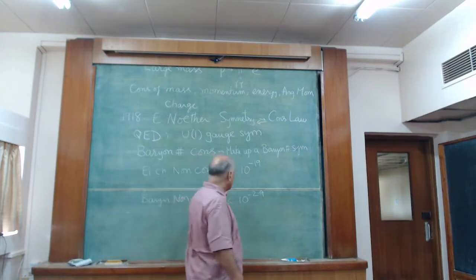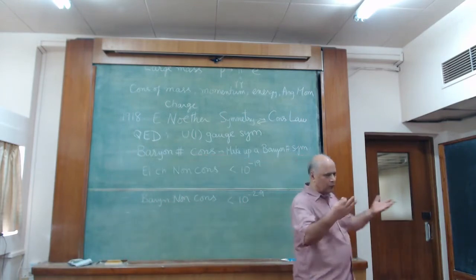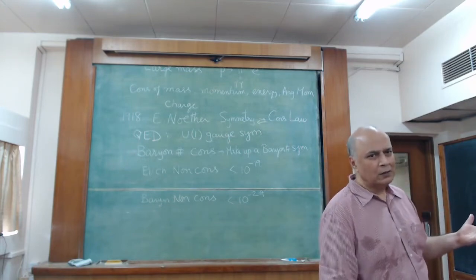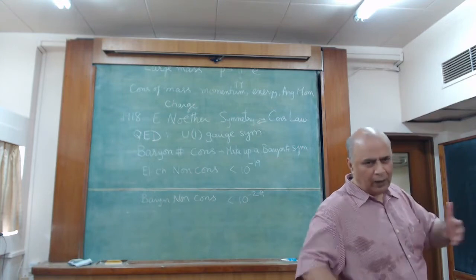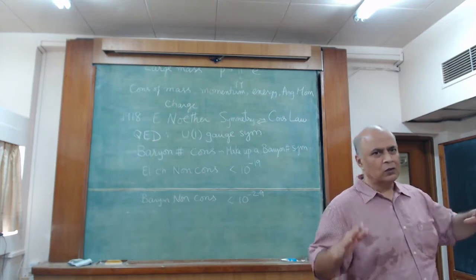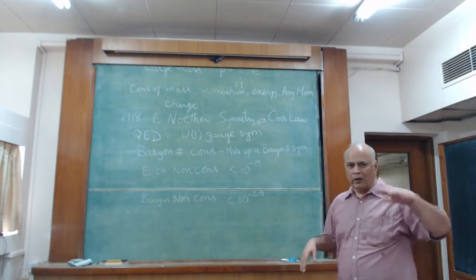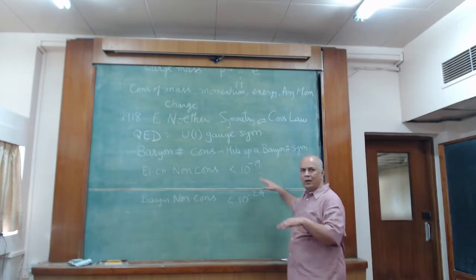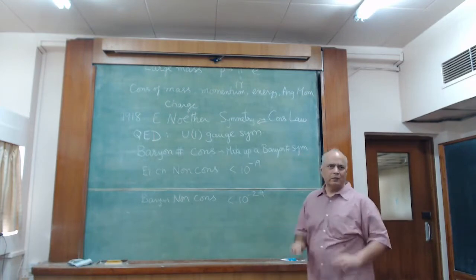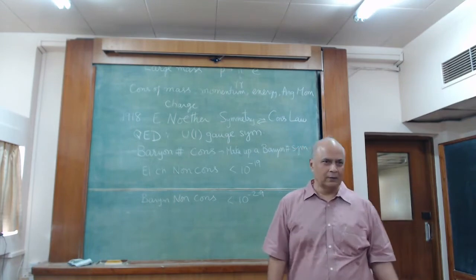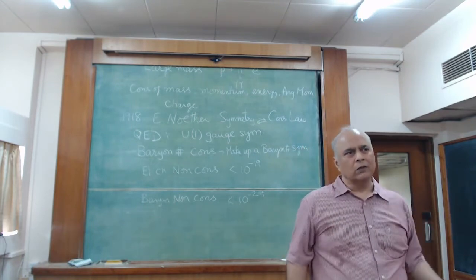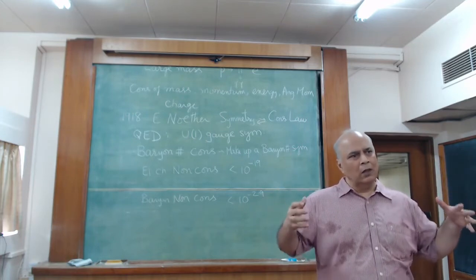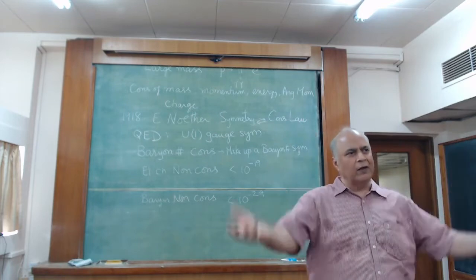So, suppose I say that I give you two quantities which are measured, and there are upper limits on these two quantities. Quantity A has upper limit 10 power minus 19. Quantity B has upper limit 10 power minus 29. And somebody, let's say, has given you a lot of money and told you to do some really fundamental experiment.